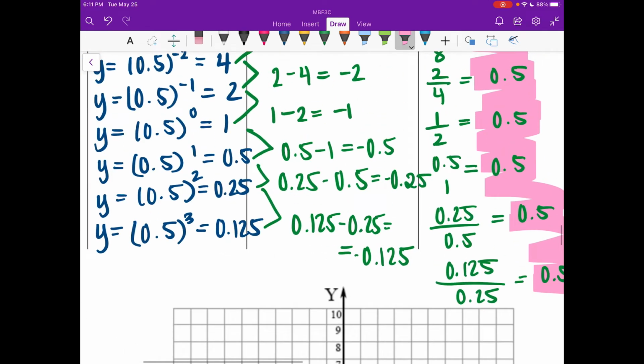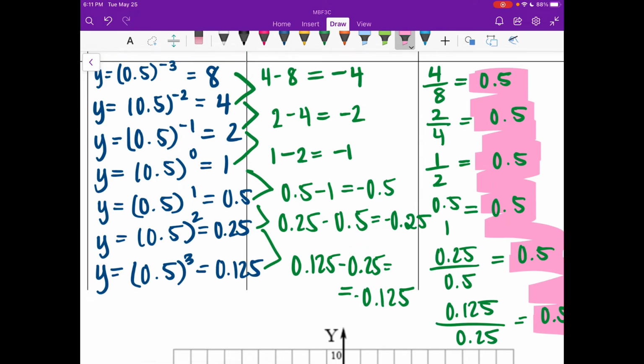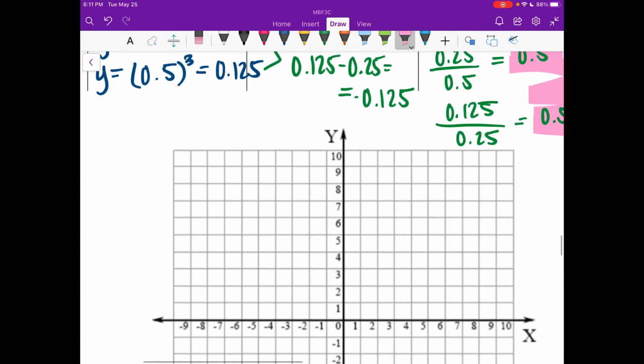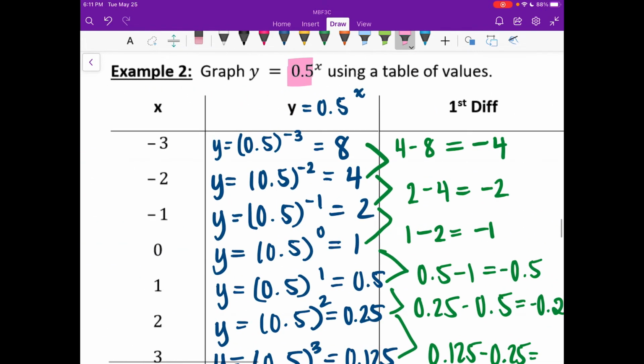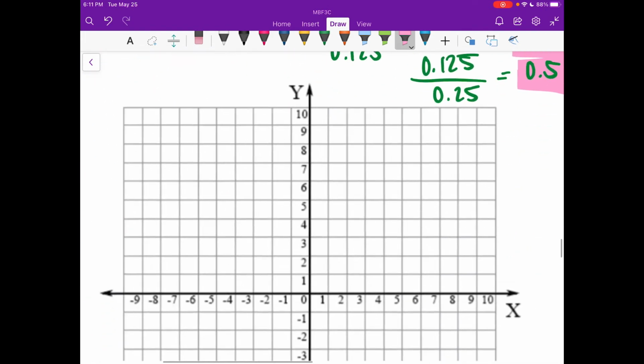So I like to just keep a copy of this on the side on my screen. You'll have a copy of it in front of you while you're doing your test. I'm just going to scroll down so that I can show you how I'm making the points better. So our first point is -3 and 8.